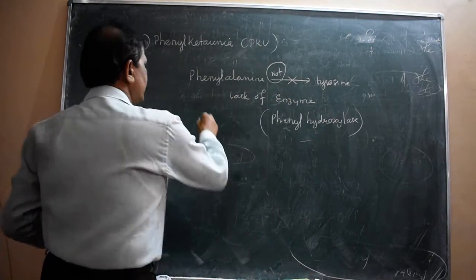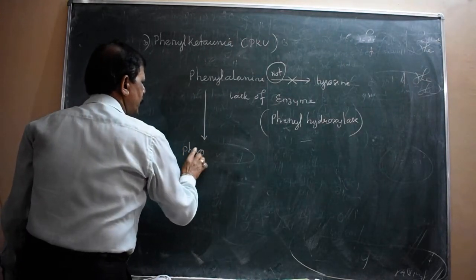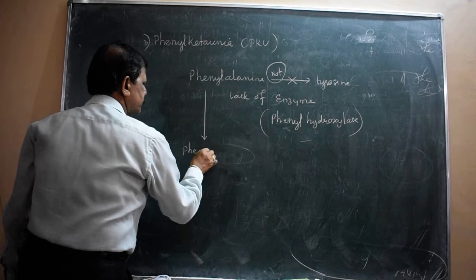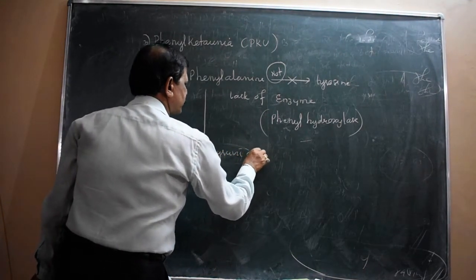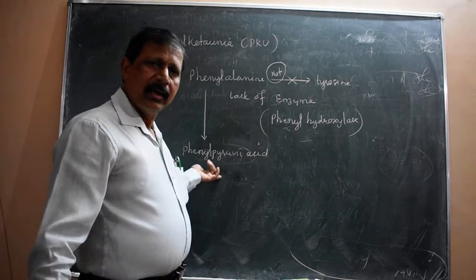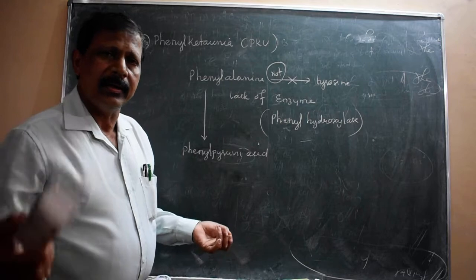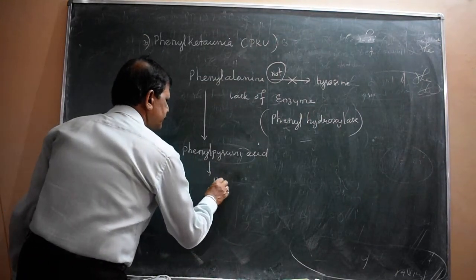Instead, phenylalanine is converted into phenylpyruvic acid. Day by day and year by year, this phenylpyruvic acid begins to accumulate in the blood.